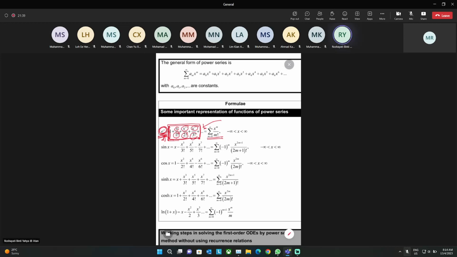But if you can form it like what we have here, then you can represent your final answer as exponential x. Same goes to sine, cos, and also ln.